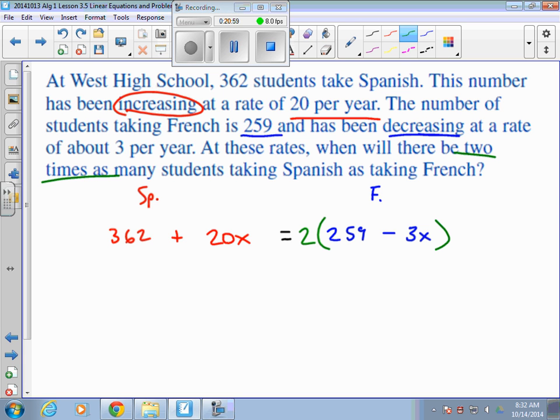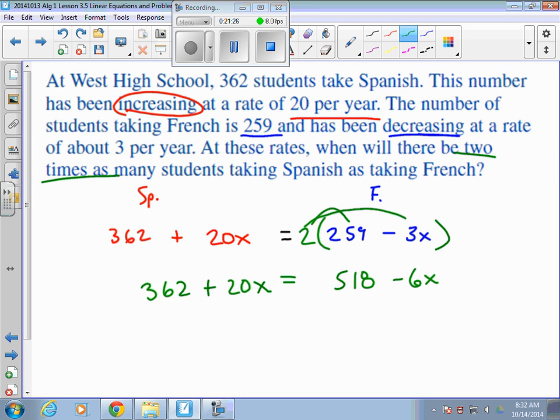We'll go faster this time. 2 times negative 3x will be negative 6x. 2 times 259 is the same thing as 2 times 260 minus 1. So 2 times 260 is going to be 520, minus 2 is going to be 518 equals 362 plus 20x.